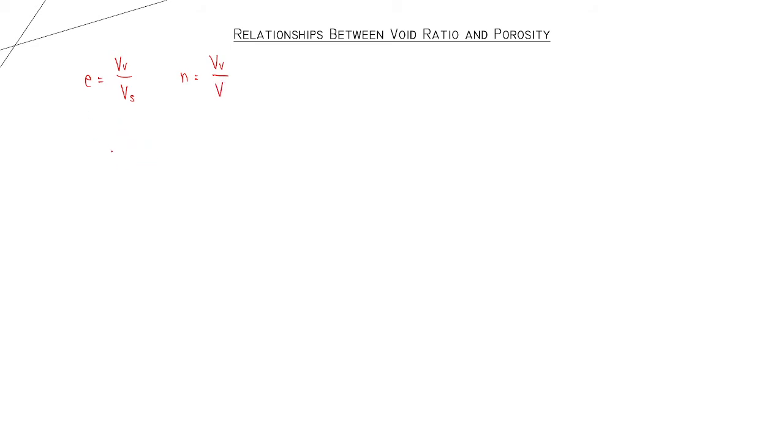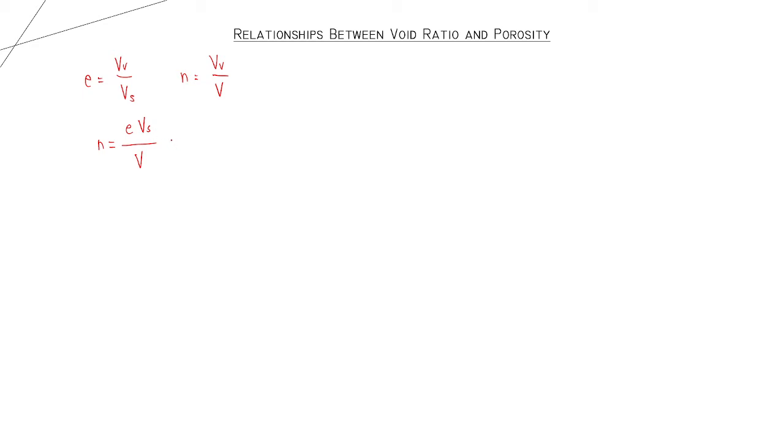So we can write that porosity n is equal to e Vs all over the total volume of soil.